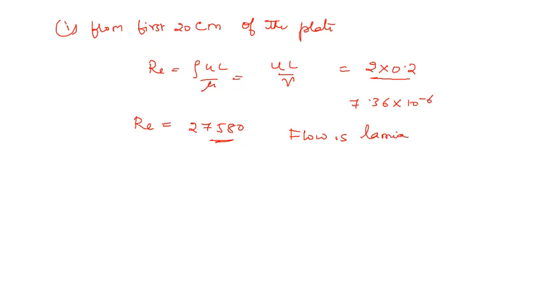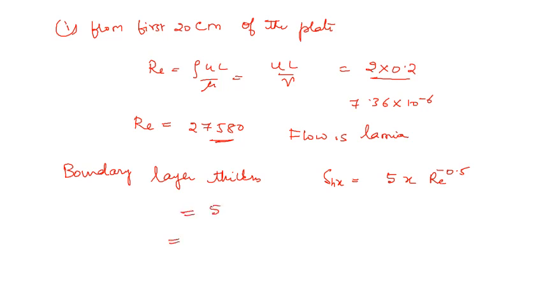So to find out the boundary layer thickness, here the question asked is what is the boundary layer thickness. So delta x is equal to 5x into Reynolds to the power minus 0.5. If I use that, 5 into 2 into 10 to the power minus 2, that is the distance.